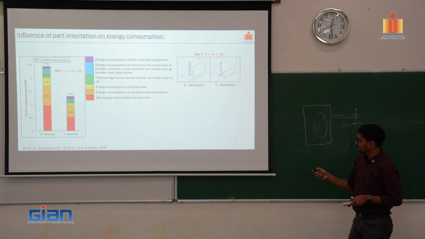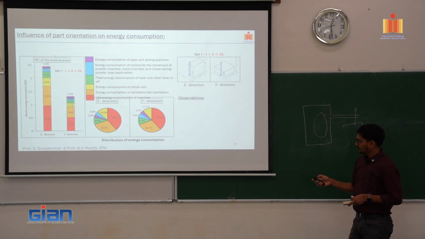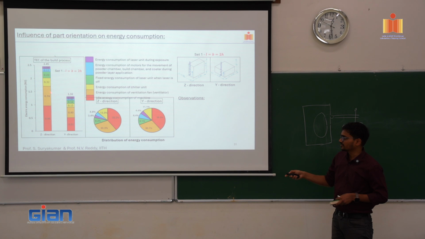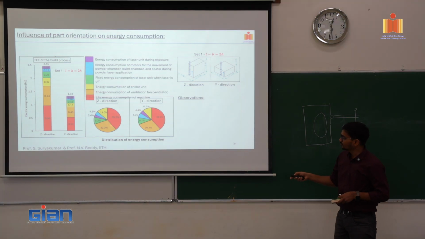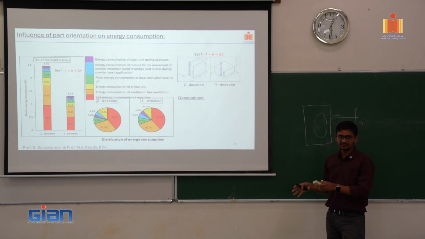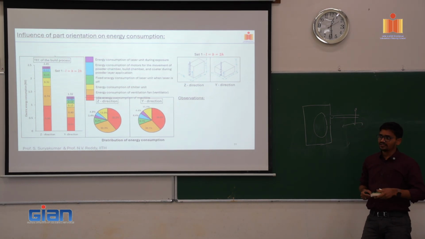These are the results that you can see. When you are making it in the Z direction, the total energy consumption is quite high. When you are making it in the Y direction, the energy consumption is less. Looking at this pie chart, the ideal energy percentage is given by the red one, and in terms of ratio it is similar.